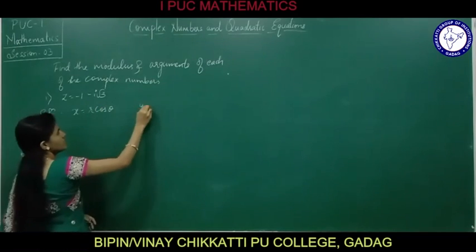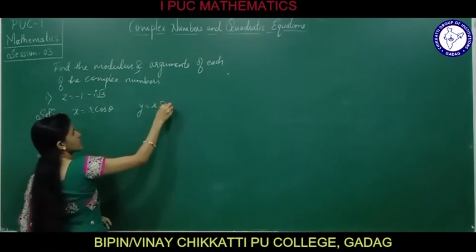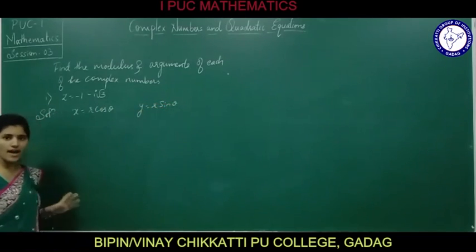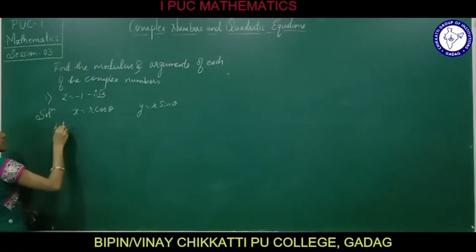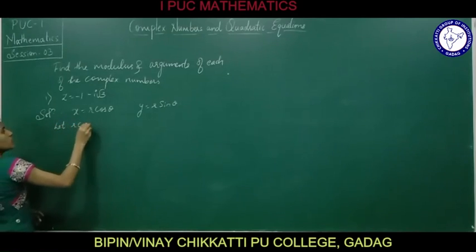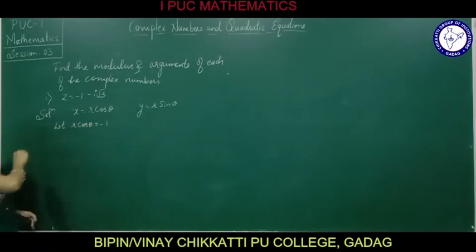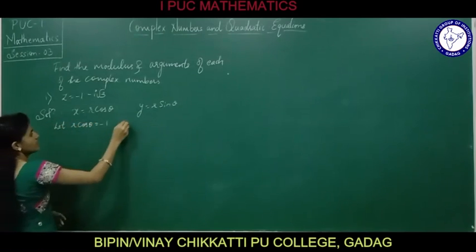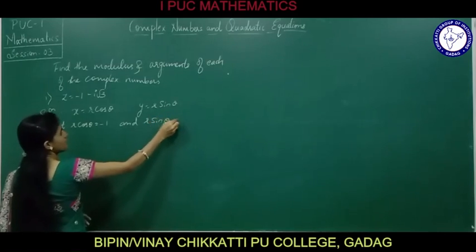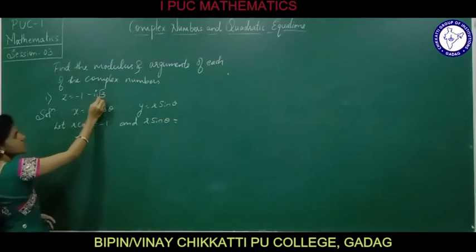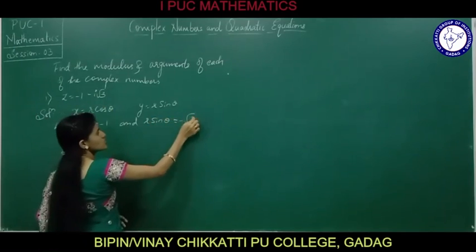And y will be equal to r sin theta, right? We have this. Let r cos theta, what is it given? It is minus 1. And r sin theta, what they have given as r sin theta? It is minus root 3.